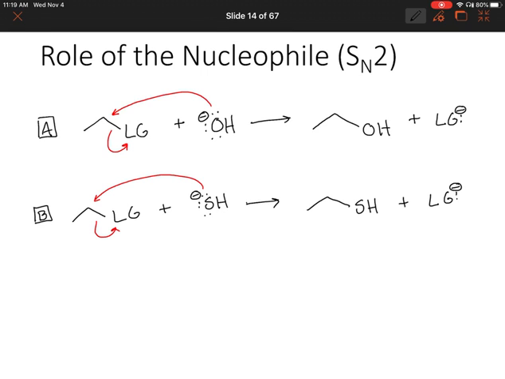So it all has to do with atomic radius. Remember, the further down a column you go on the periodic table, the larger the atomic radius. Sulfur is further down the column than oxygen, but they're both in group 6A. So sulfur is larger than oxygen. So would that make sulfur more stable than oxygen or less stable?